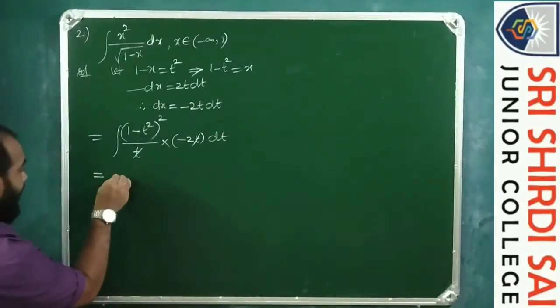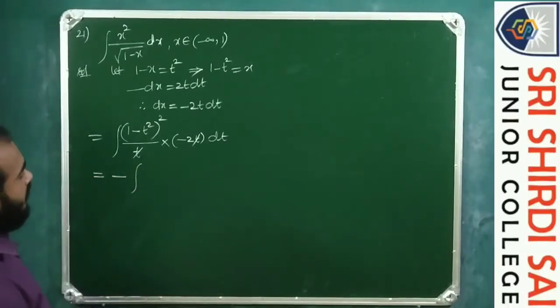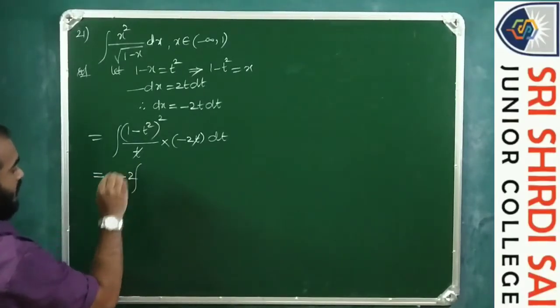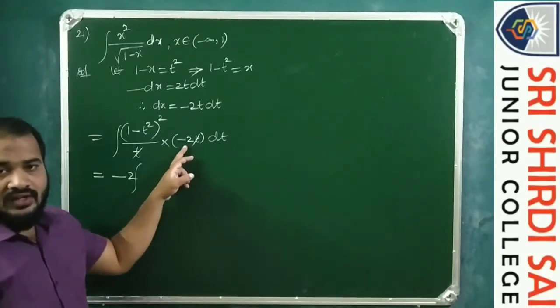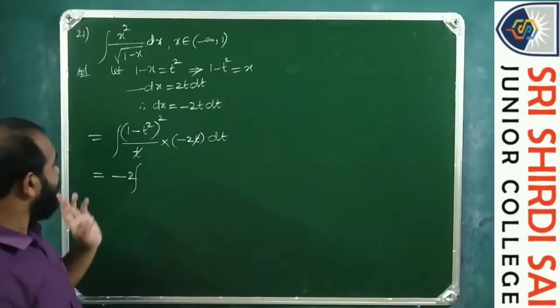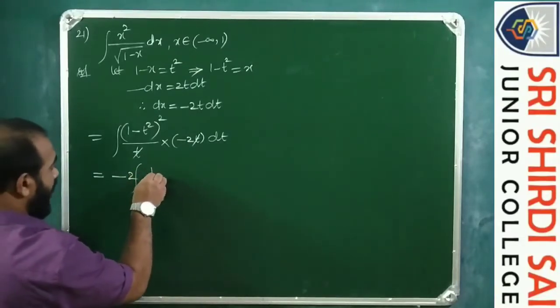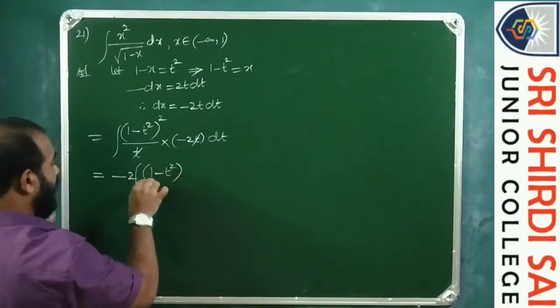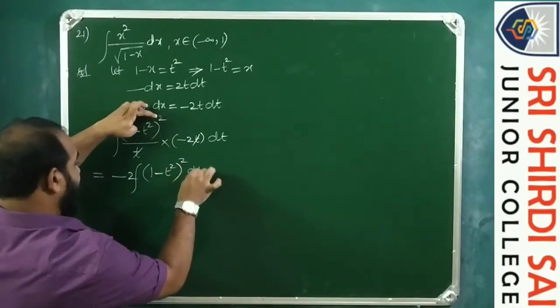So this is minus of this 2. I'll write outside the integration since it's a constant. So this is 1 minus t square whole square dt.